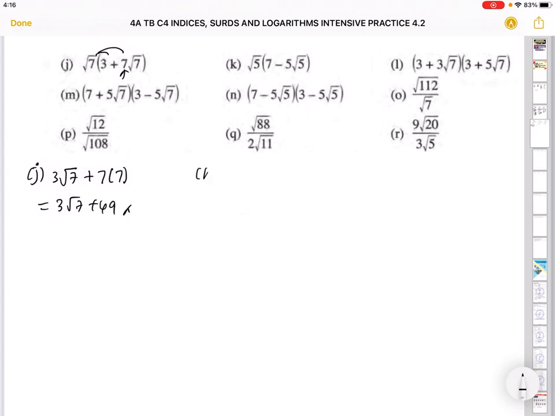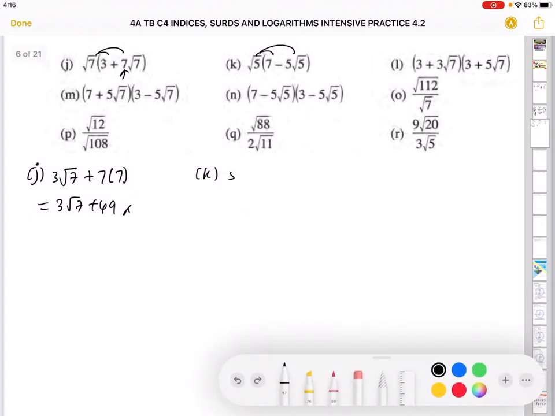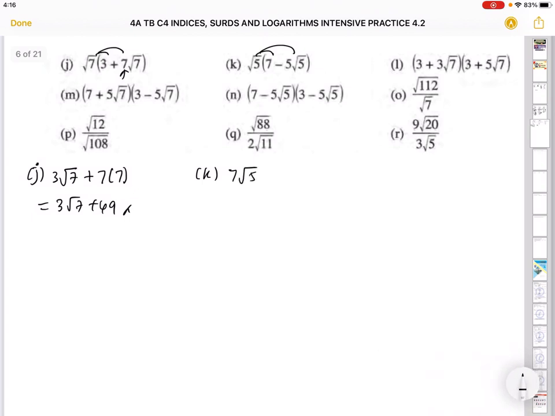Okay, K, again I expand the bracket one by one. So you have 7 root 5, 7 root 5, and root 5 times root 5 is 5. 7 root 5 minus 25. L, so when you expand it goes 1, 2, 3, 4.